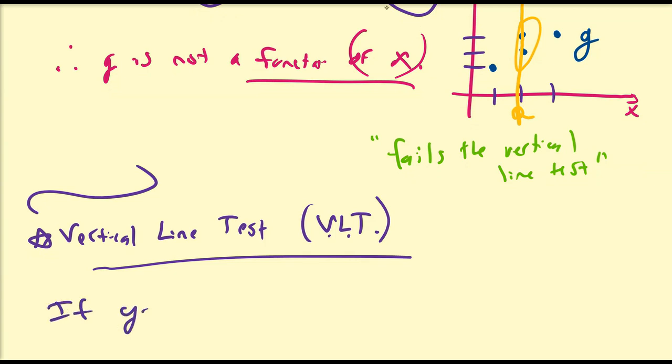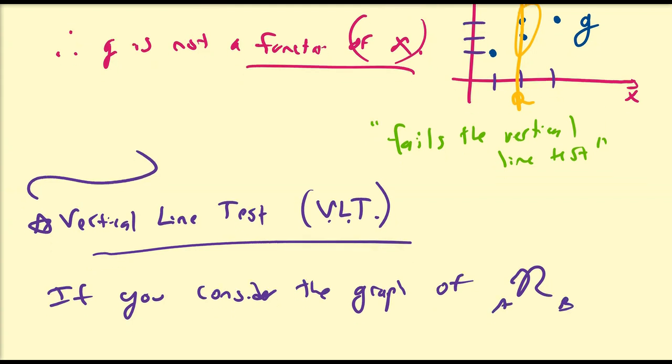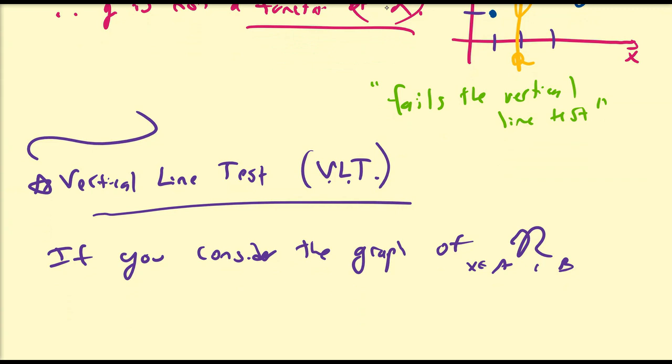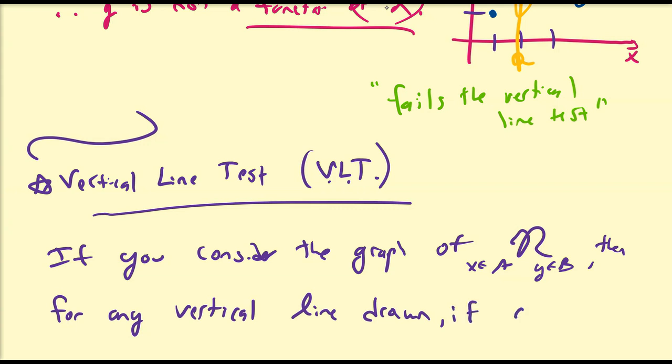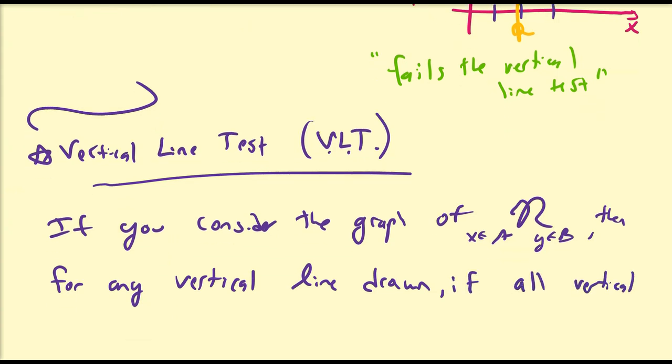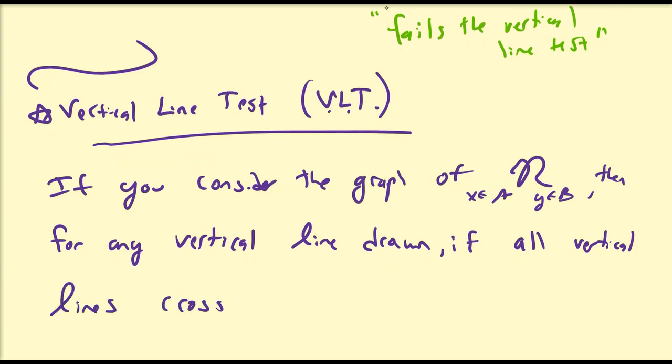So if you consider the graph of a relation R between two sets A and B, where x belongs to A and y belongs to B, then for any vertical line drawn, if all vertical lines cross the graph of R at most one time, so why do I say at most one time?